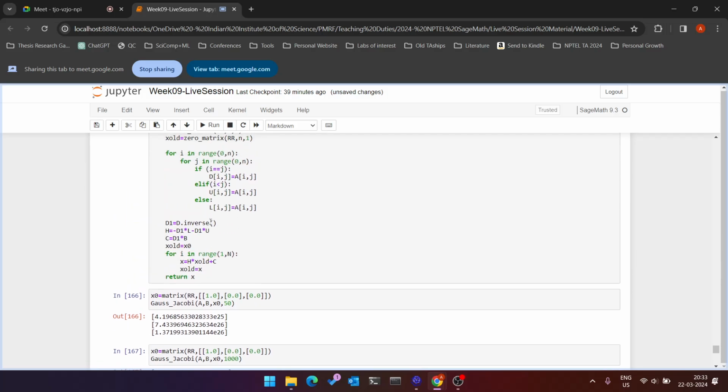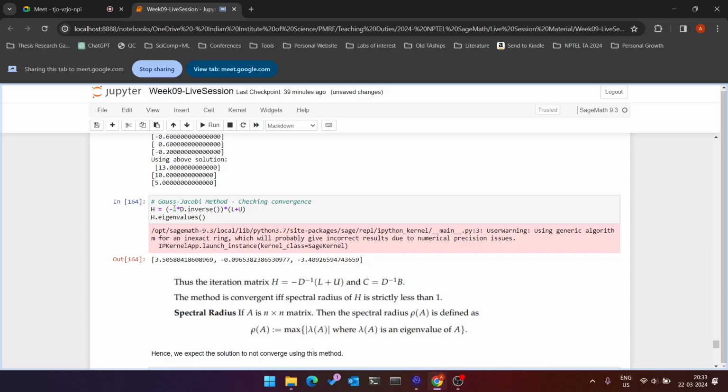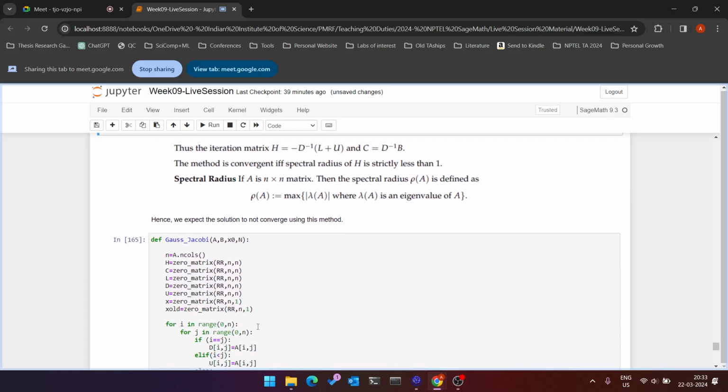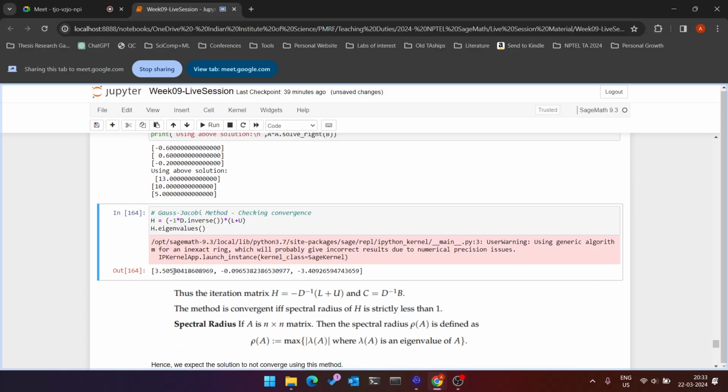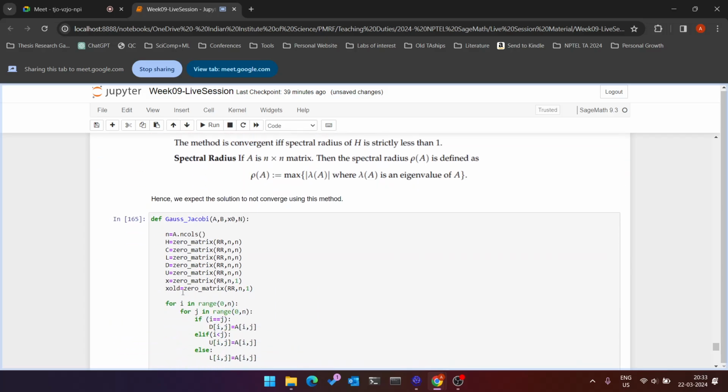So what this tells me is it's always a good idea to first check what the iteration matrix is and what its spectral radius is. Because the spectral radius is greater than 1, specifically 3.5 in our case, this method will not converge.